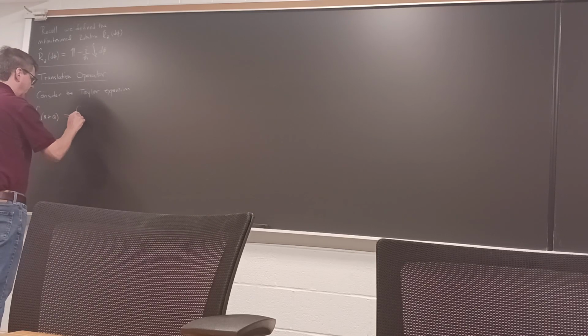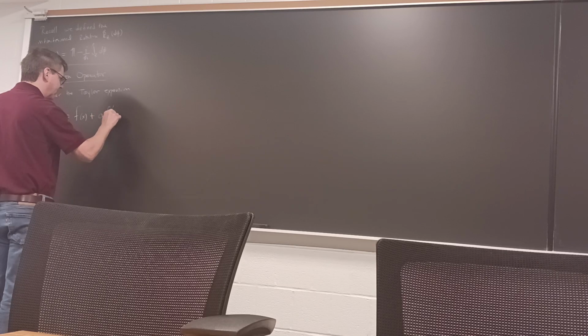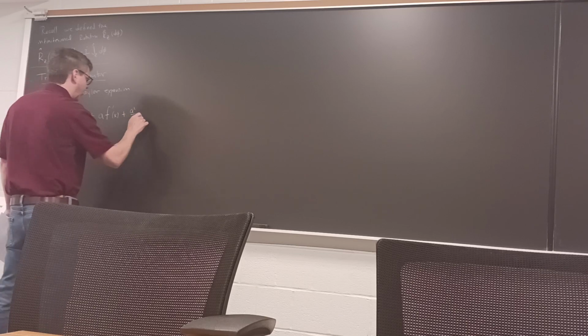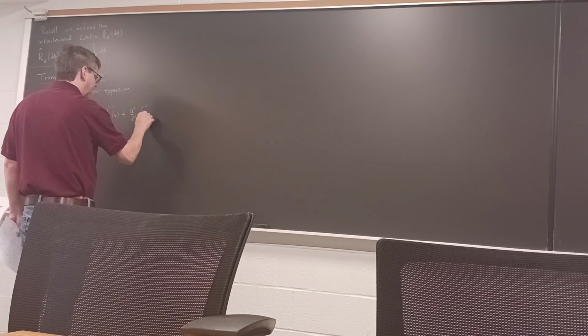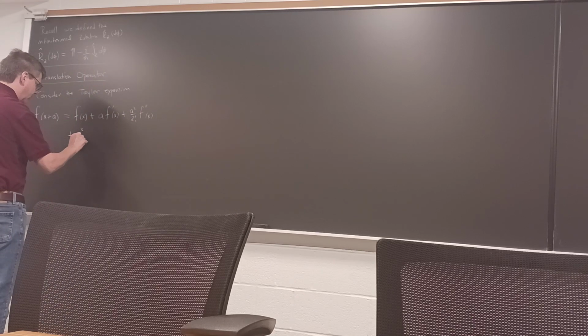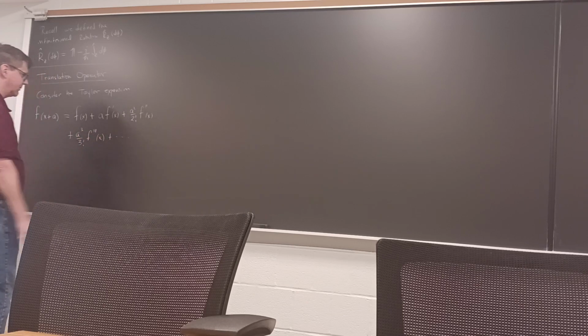If I have some function f of x, and I want the function at a nearby point, f of x plus a, well, that's the function at x plus all my correction terms, which will be a times f prime of x plus a squared over 2 factorial f double prime of x and so on, plus a cubed over 3 factorial f triple prime of x and so on, right?